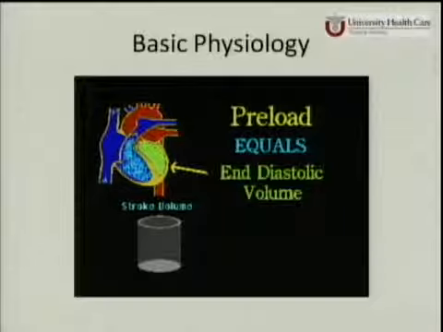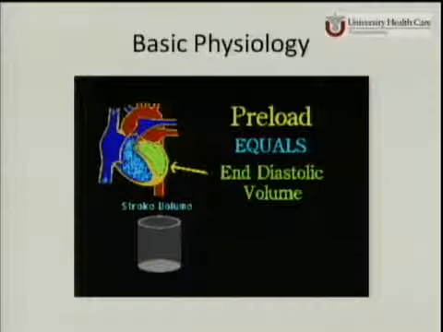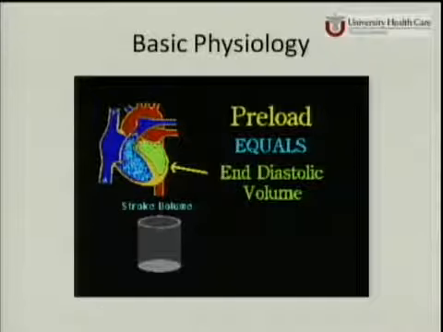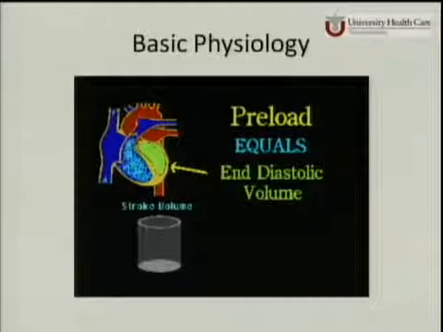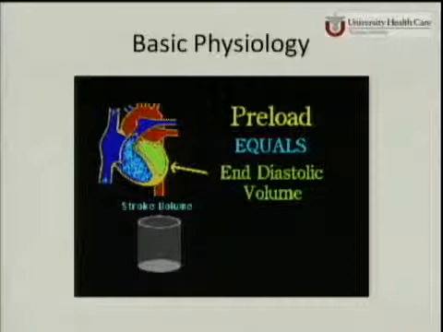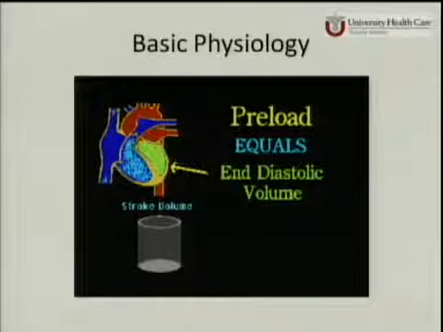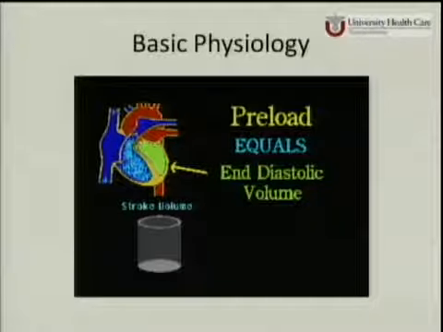In order to understand shock, I think it's important to talk about the basic physiology. So the first thing that I want to mention is preload. Does anybody here know what preload means? It's the volume that you have that's returning to the heart. Okay. Excellent.